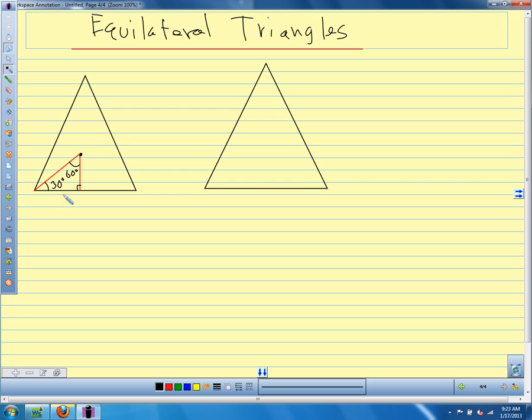So inside an equilateral triangle. And if I divide this equilateral triangle in half this way, I also get a 30, 60, 90 triangle. So there are 30, 60, 90 triangles hidden inside equilateral triangles. So if you have a problem with an equilateral triangle, you can use these 30, 60, 90 triangles that are inside equilateral triangles also.